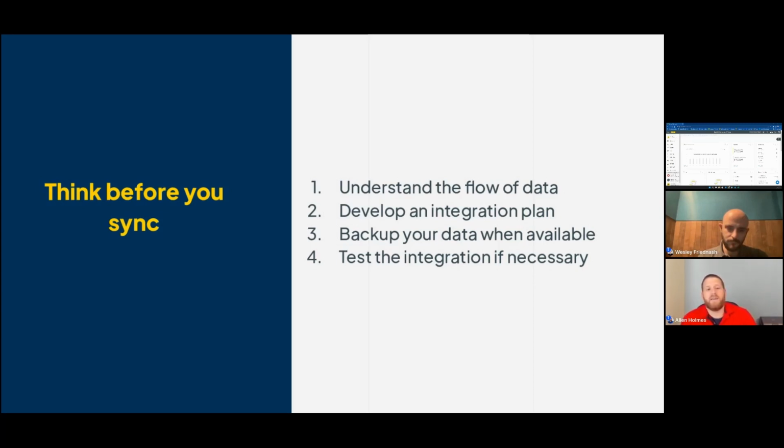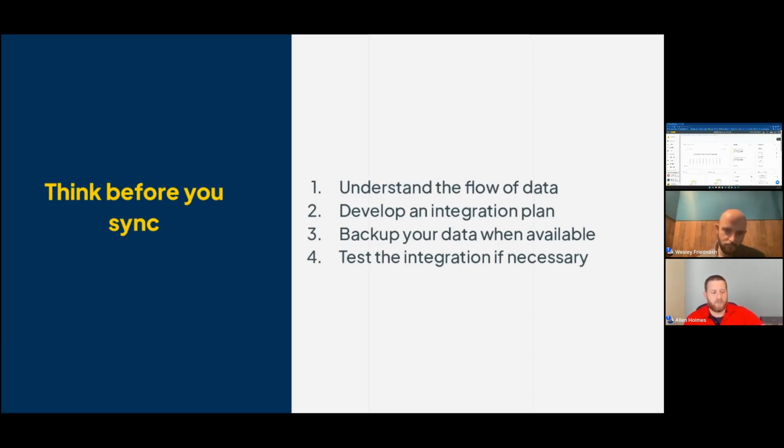There's oversights. So before you do any kind of initial sync, or before you decide to set up an integrated platform or integrated system to run your business, make sure you really understand the flow of data. Make sure that you understand what's coming over, when it's coming over, and how it's coming over, what goes back, if it's two-way sync or one-way sync, or if you set up automated syncs through a third party like Zapier.